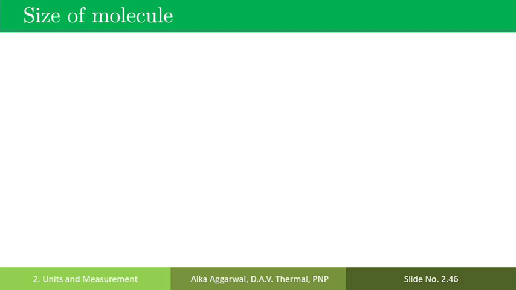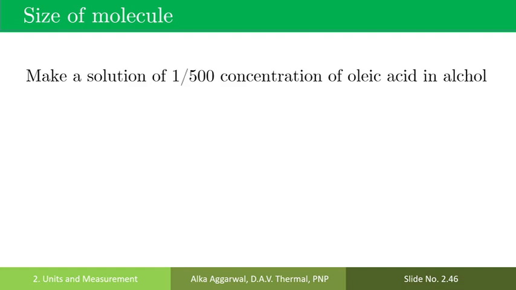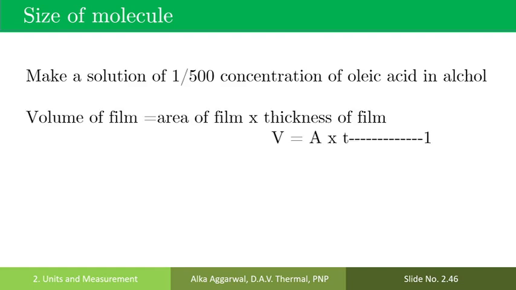a thin film of oleic acid is formed on the surface of water. Area of this film can be found out using a trace paper and graph paper. Let it be A and T is the thickness of the film.